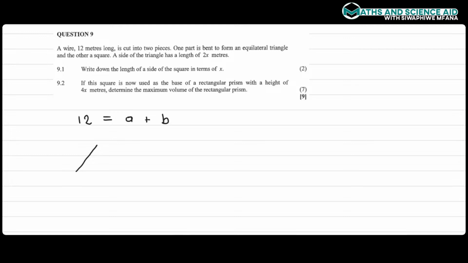We bend it to form an equilateral triangle. And then we use the other one, let's say B, and we form a square. Okay, so what's going to happen here?